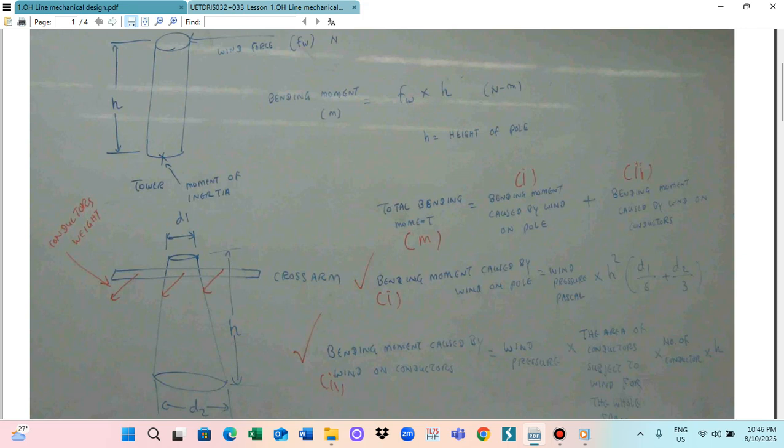Total bending moment is equal to the bending moment caused by wind on the pole plus the bending moment caused by wind on the conductor.